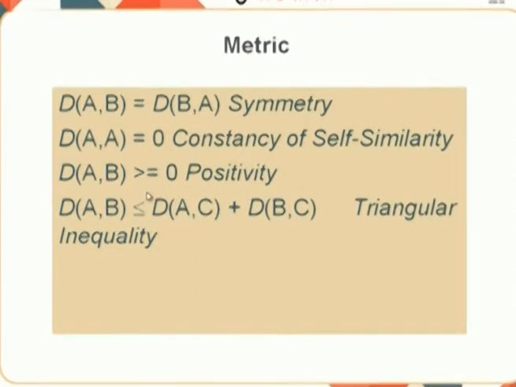And if the distance is greater than or equal to 0, then it is called the positivity property. Similarly, the distance between A and B is lesser than or equal to the distance between A to C plus the distance between C to B. This property is called triangular inequality. In short, we compute a distance measure, and if the distance measure satisfies all these properties, then it is called a metric distance or simply a metric.